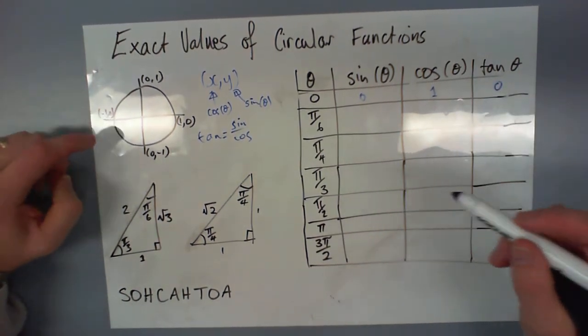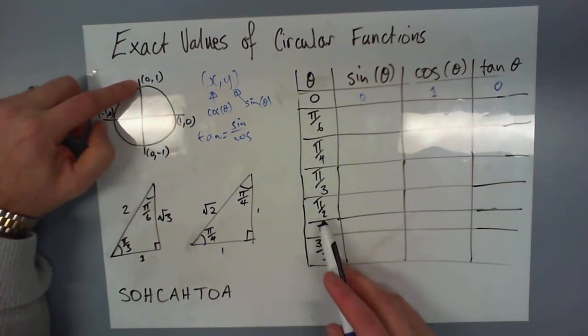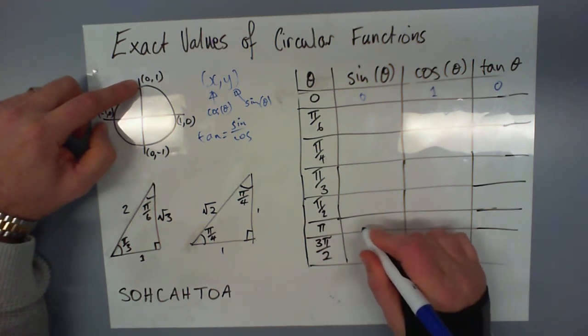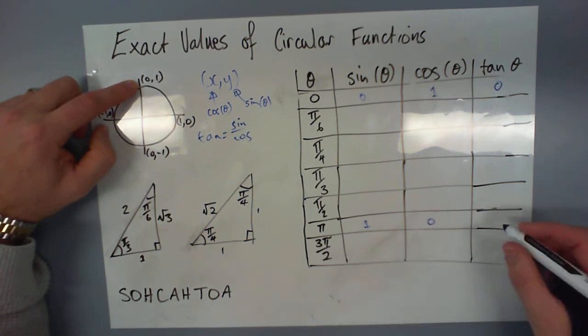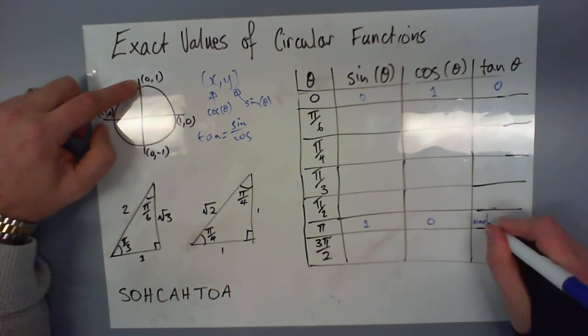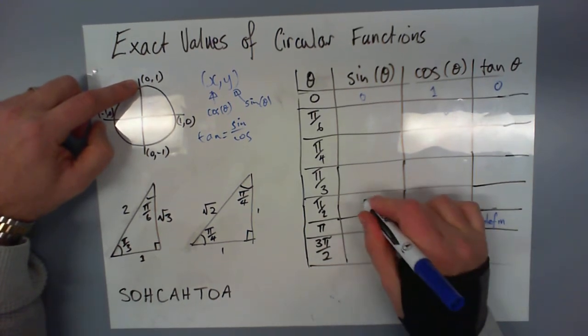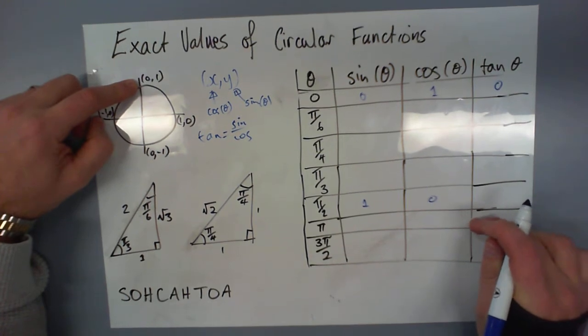Similarly, if we keep working around and get up to here, that's when we get pi on 2. In this case, sine is 1, cos is 0, and 1 divided by 0 is undefined. So: 1, 0, and undefined.